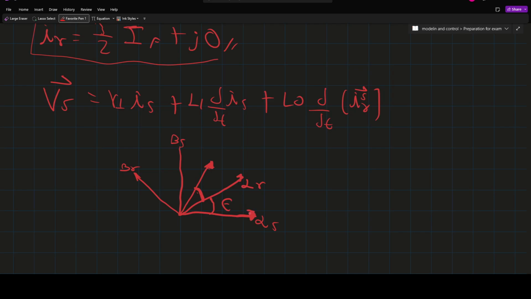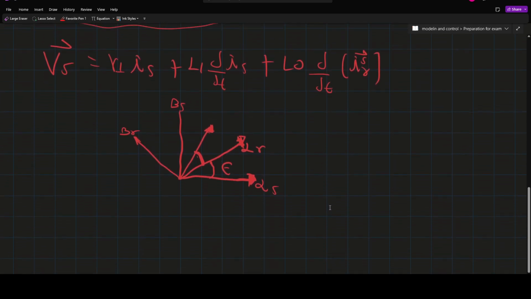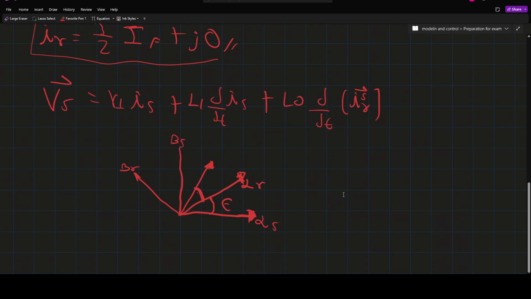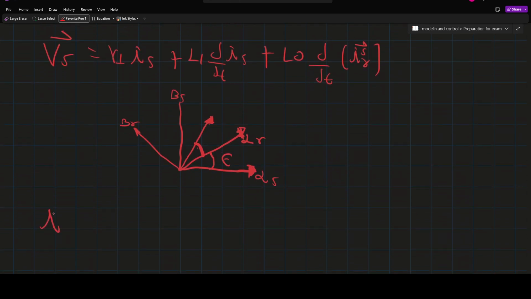So we can see that this reference frame is that reference frame if we add the epsilon. So if we want to go from here to here, we add epsilon. So if we have IR and we multiply it by e to the j epsilon, which is adding an angle, we are going to have our current in our stator reference frame.